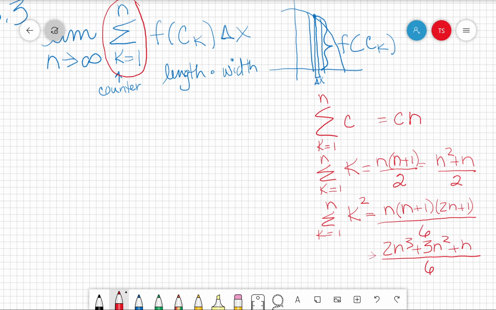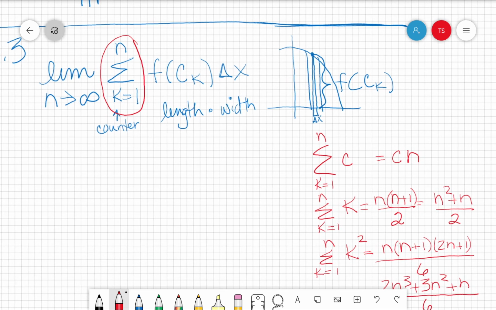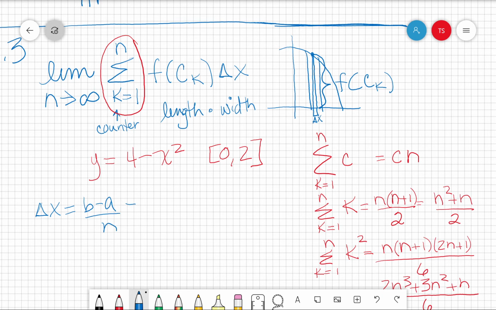So what we want to do is take the area under the curve of y equals 4 minus x squared in the interval from 0 to 2. We'll start off defining what our change in x is. Our change in x will always be b minus a divided by n. In this case, it would be 2 minus 0 divided by n, or 2 over n.